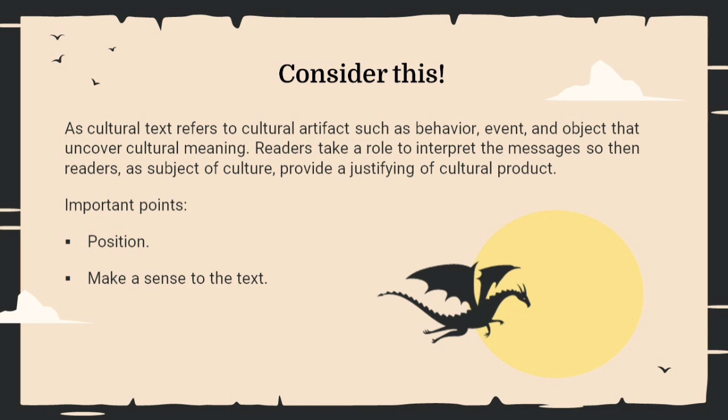Here, in justifying the cultural product or interpreting the messages, readers also consider some points below. First is position, in which, as a subject, readers should be able to place themselves in a position where they do not give an opposing opinion but act as the second opinion of the author.